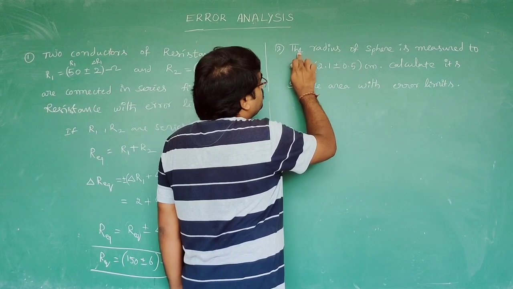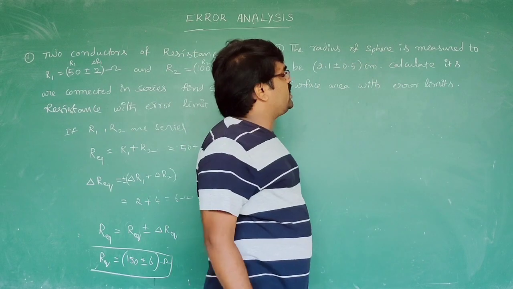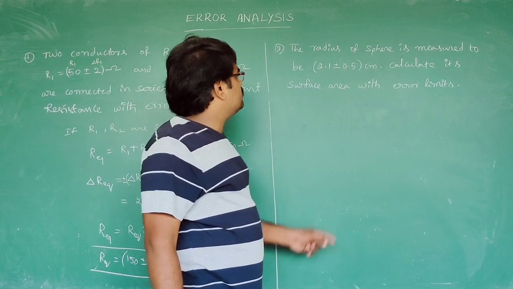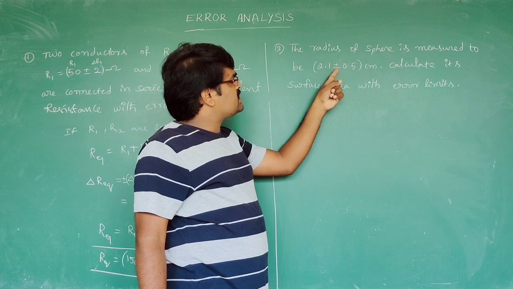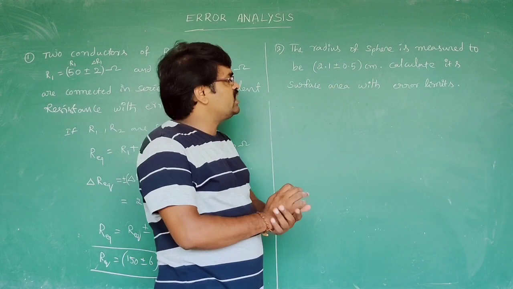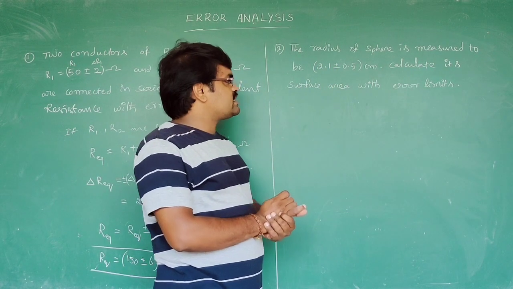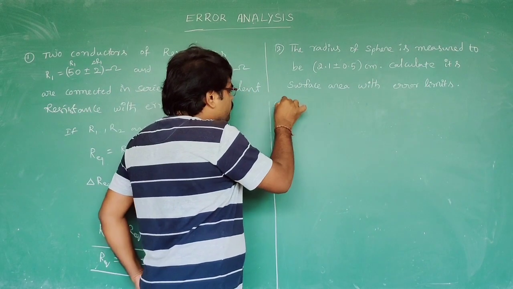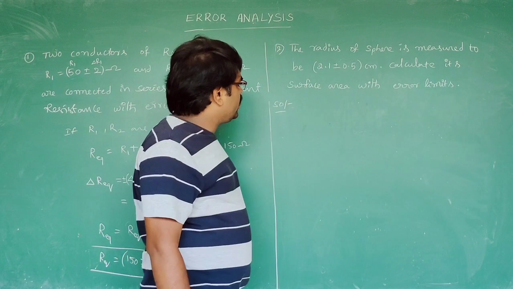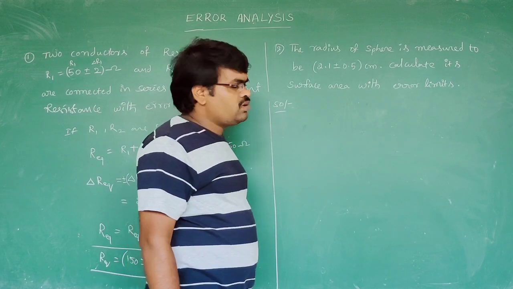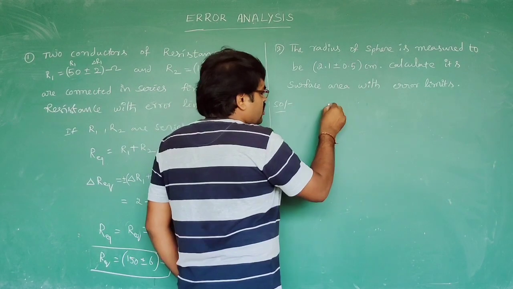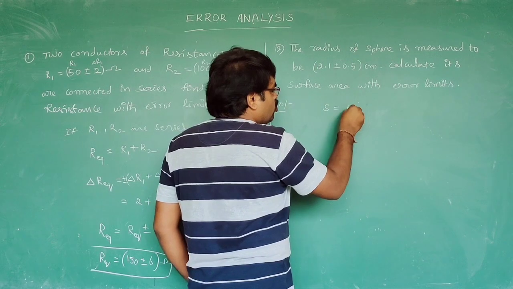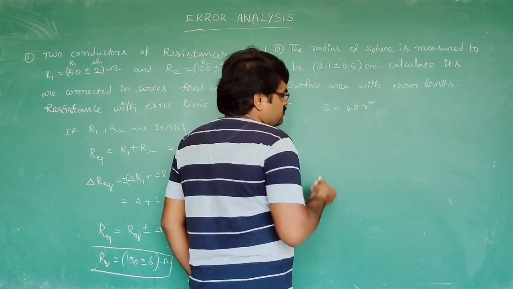Now the second one: the radius of the sphere is measured to be 2.1 ± 0.5 centimeter. Calculate its surface area with error limits. Now here we can calculate the surface area of the sphere. The surface area is S = 4πr².